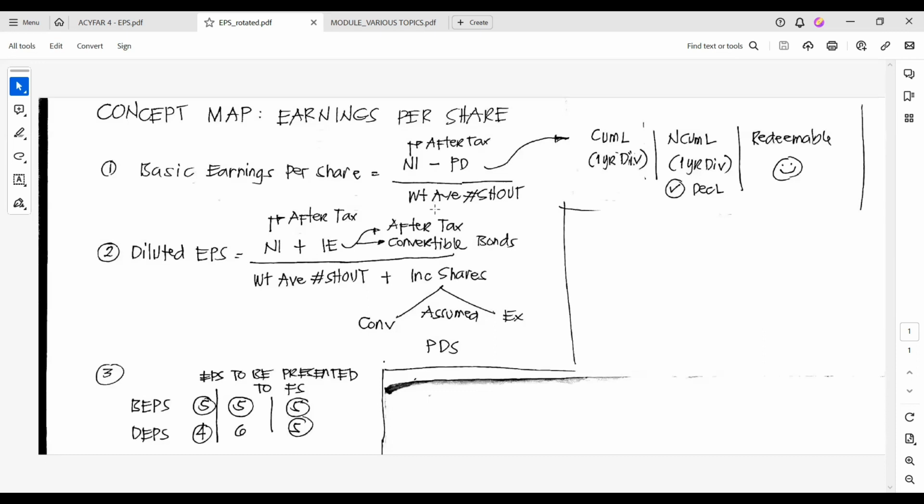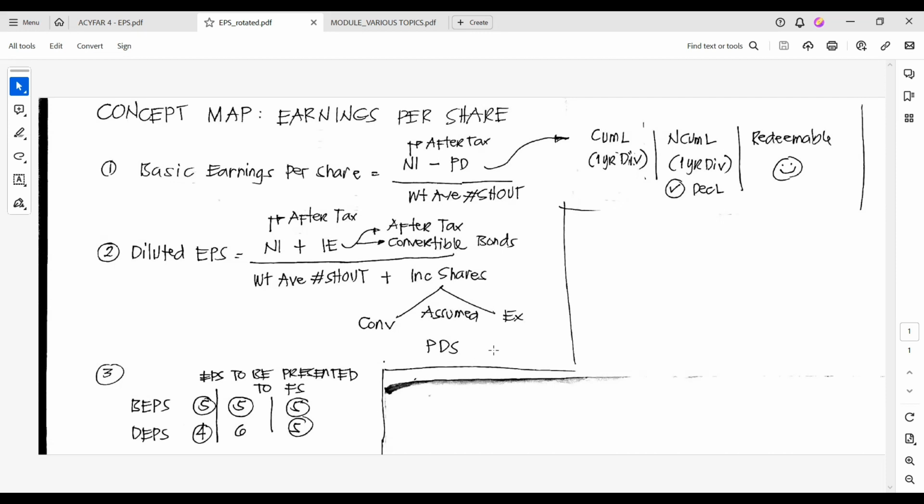Okay? So net income after tax plus interest expense, which is an after-tax item coming from convertible bonds, divided by the weighted average number of shares outstanding plus incremental shares coming from the assumed conversion or exercise of potentially dilutive securities.